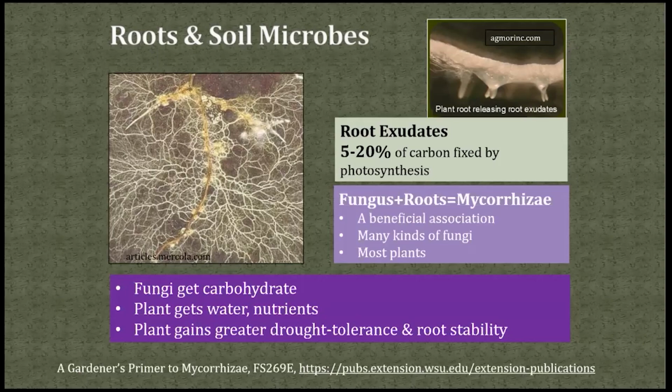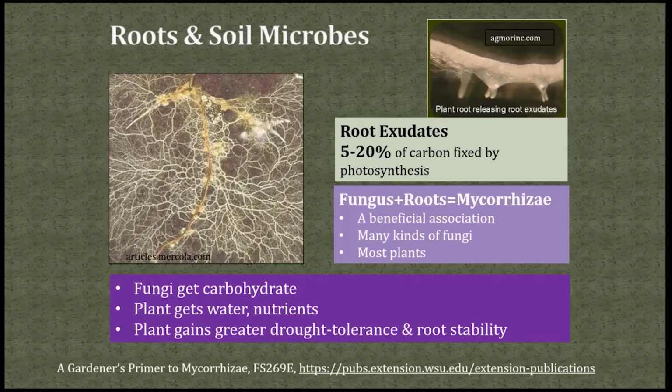So this is a beneficial association with fungus and roots grown together. About 90% of the plants in the world have mycorrhizal associations with fungi. And in general, it's not a one-to-one relationship. So a plant may be associated with many types of fungi, and one kind of fungus may be associated with many kinds of plants.